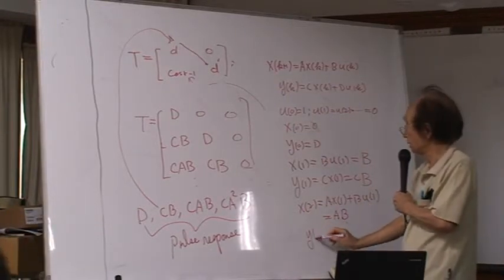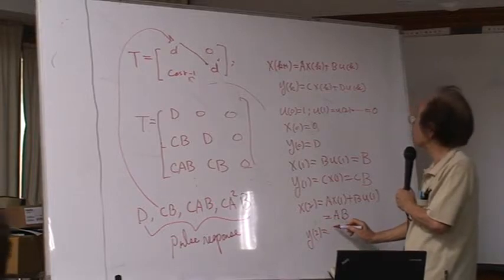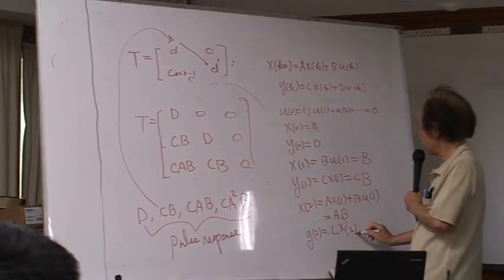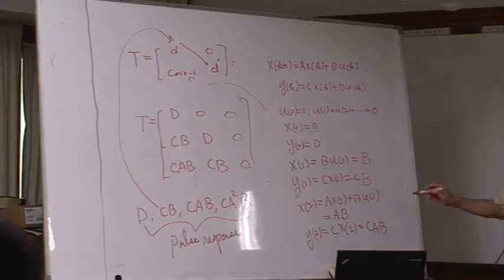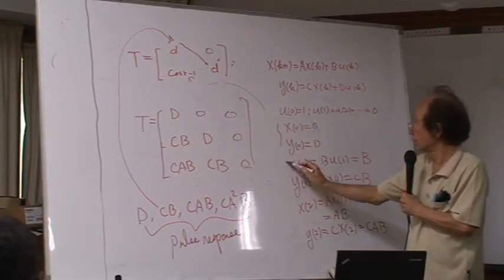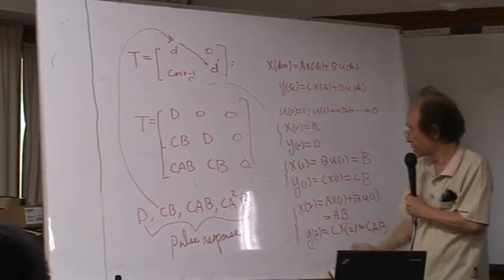So y2 equal to CX2 equal to CAB, right? So we have this, we have that, we have that.